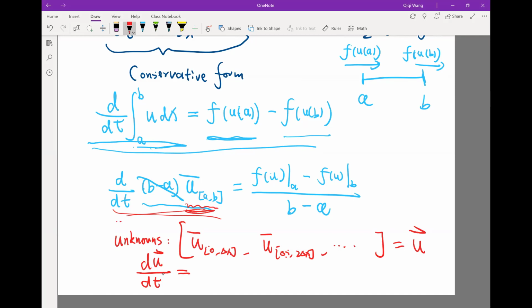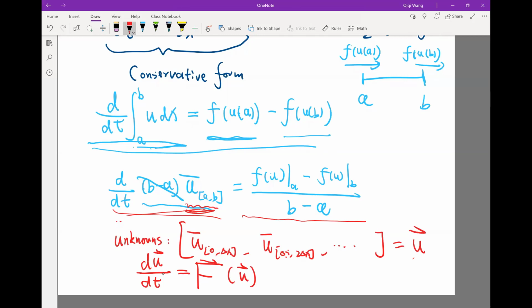As a certain function of this u, right? So the question is, how can I write the difference in fluxes as a function of the volume averages? That's actually the tricky part about finite volume.